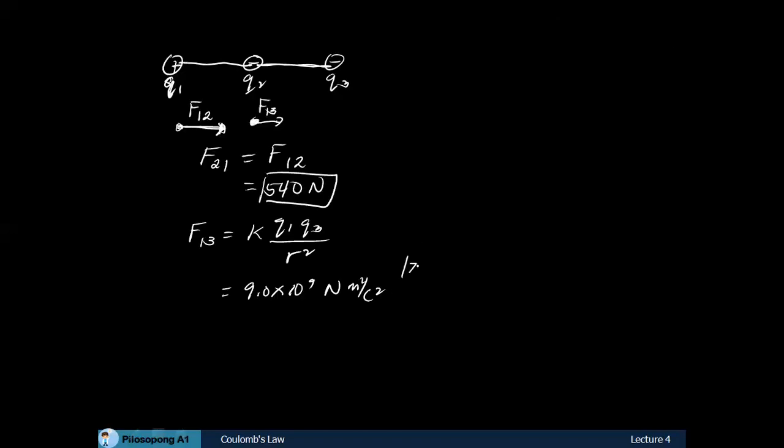So you have 3 times 10 raised to negative 6 coulomb times negative 8 times 10 raised to negative 6 coulomb. Again, we get the absolute value over the distance. So the distance is not 2 centimeters, it's 3 centimeters. No, since we have 0.2 meters or 2 centimeters here, the total distance is 5 centimeters. That is 0.05.